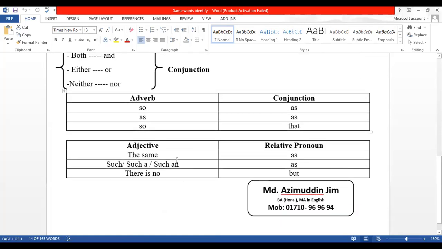And if you get like this, the same... as, such... as, or such... as, or there is no... but, then such is an adjective, same is an adjective, and no is an adjective. And here, as and but will be relative pronouns.